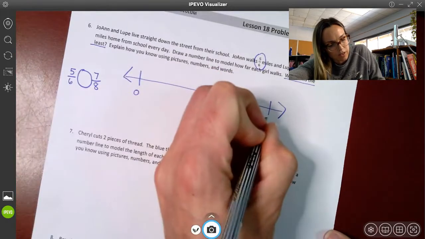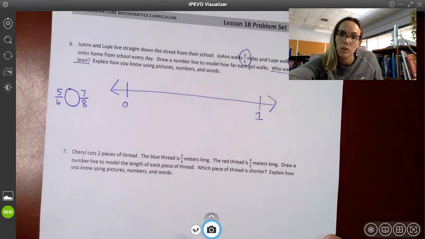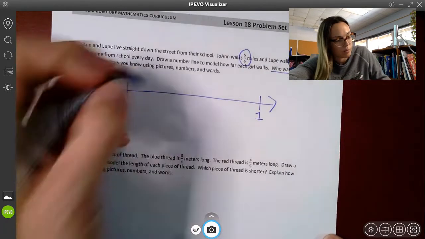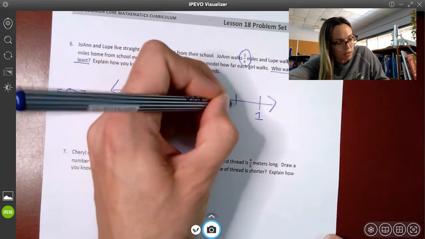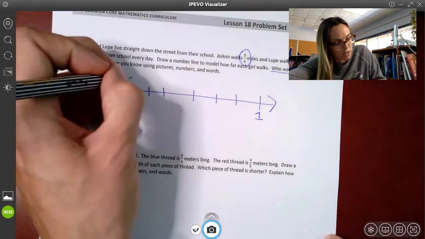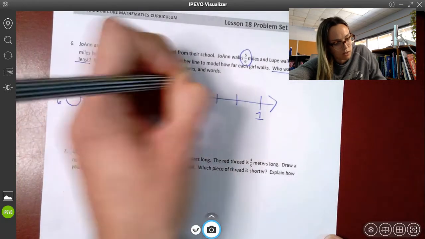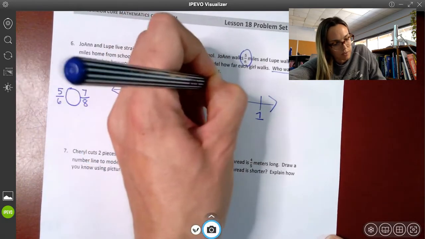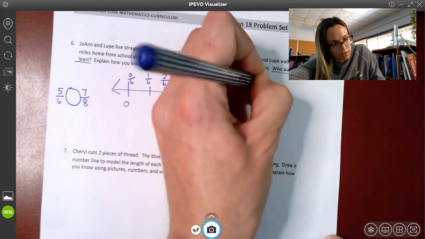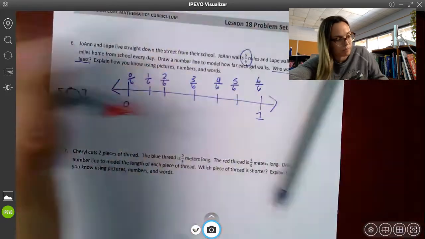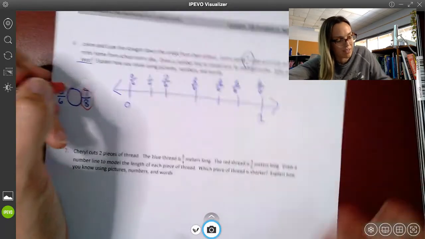I want to identify my whole number, 0 and 1, and split this into 6 equal parts. There it is. 0/6, 1/6, 2/6, 3/6, 4/6, 5/6, 6/6. And then I'm going to split 7/8.